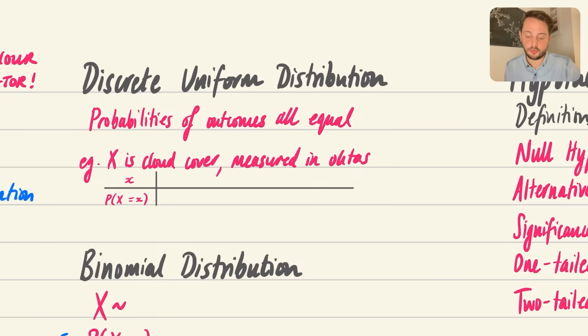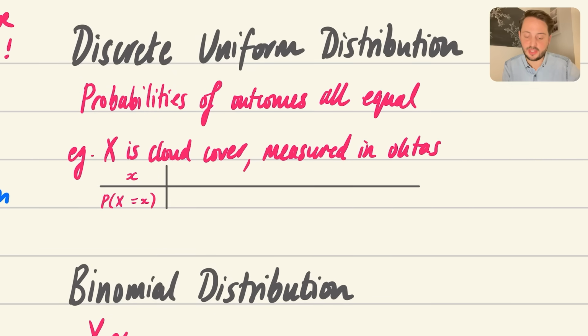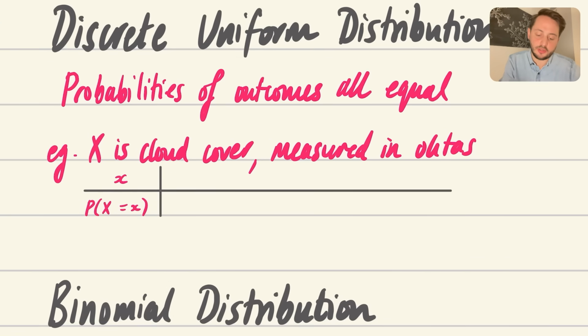The discrete uniform distribution is where the probabilities of all outcomes are equal. So for example, going back to the large data set here, if the discrete random variable x is cloud cover, which is measured in oktas, then your uniform distribution will look like this. X can take the integer values between 0 and 8. We talked about that earlier on.